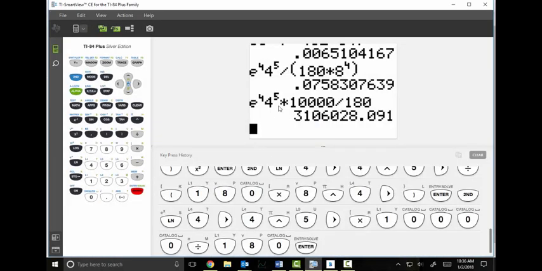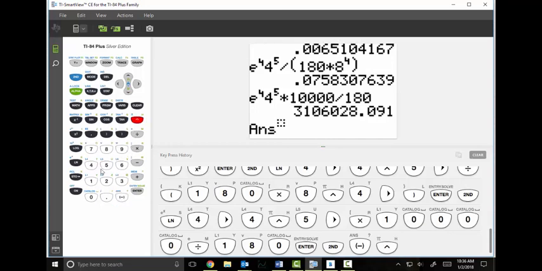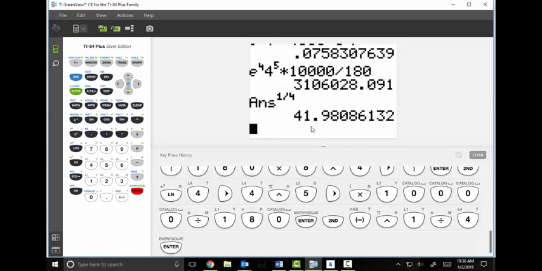Let's see what that is. I'll use a calculator, and I know there's a simpler way to do this, but I'm old school: answer to the 1/4, enter.